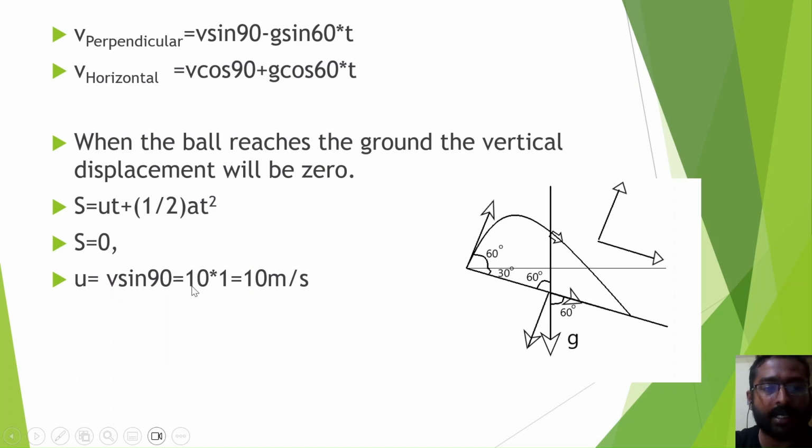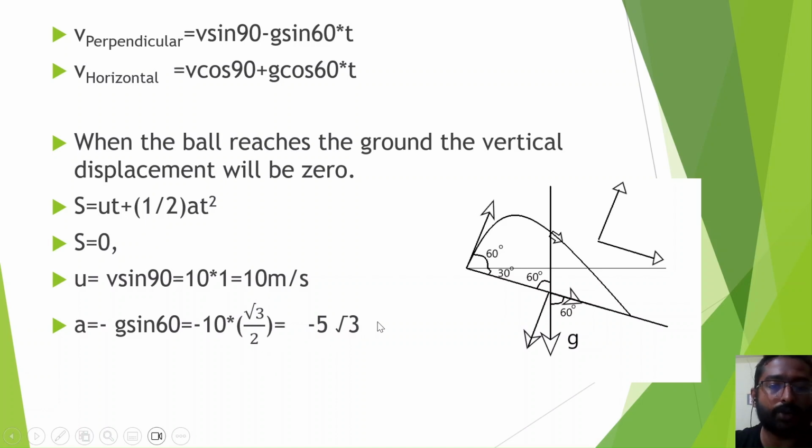Sin 90 is 1 and v is 10 given in the question, so it will be 10 meter per second. The acceleration component is opposite to the velocity, so we take it as minus: minus g sin 60, that is minus 10 into root 3 by 2. Sin 60 is root 3 by 2, so we get minus 5 root 3 meter per second square.